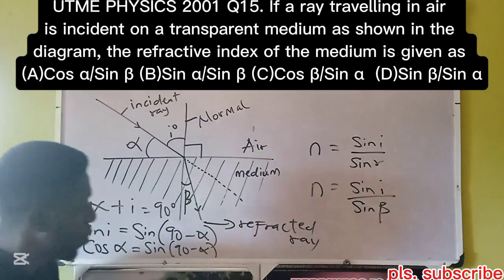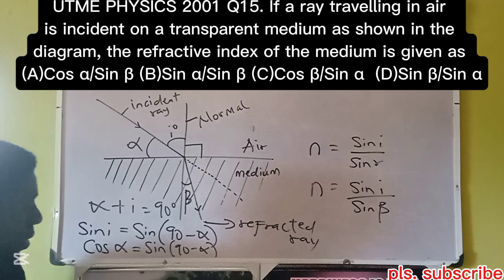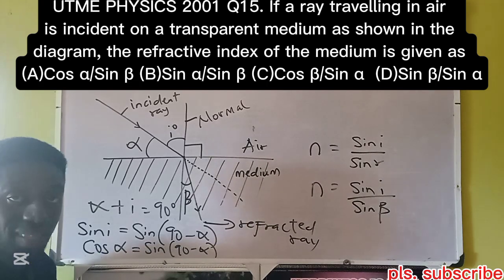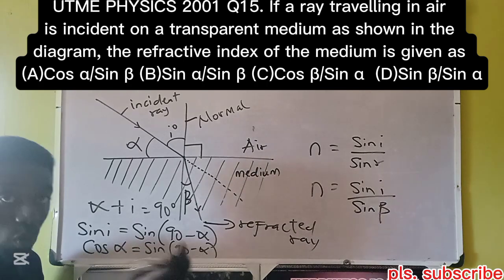Okay, let's use a very simple example now. Let's take this alpha to be 60 degrees. 90 minus 60 is 30. Sine 30 will give you half. Remember, we'll call this one 60. 90 minus 60 will give 30. Therefore, sine 30 is half.